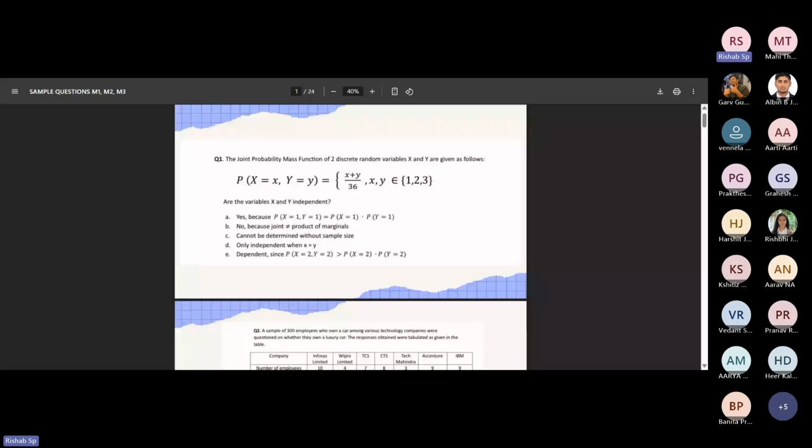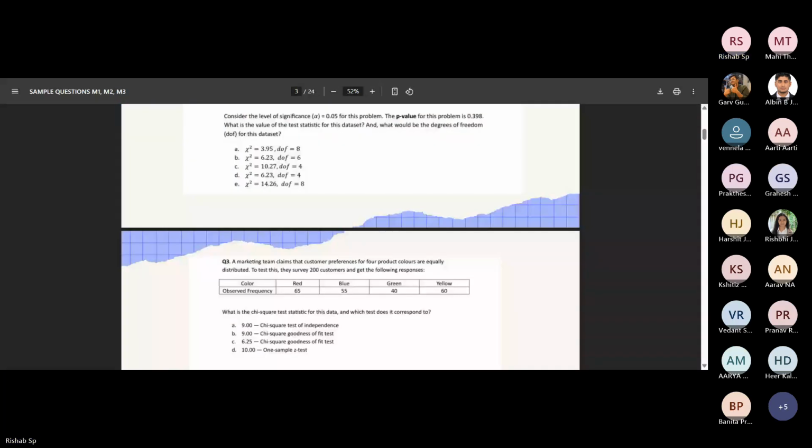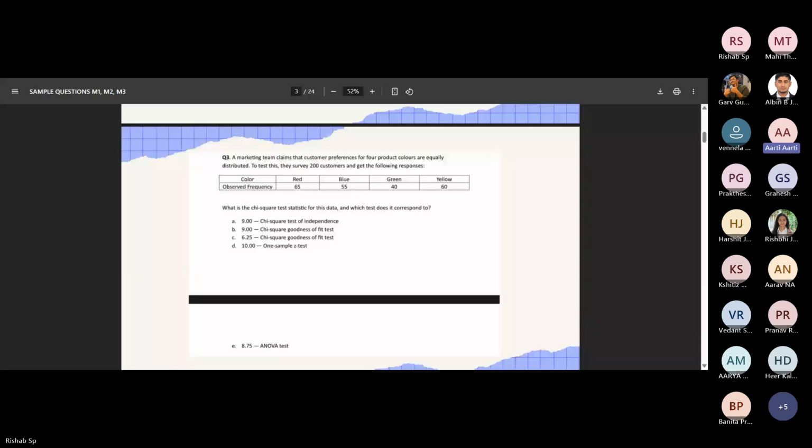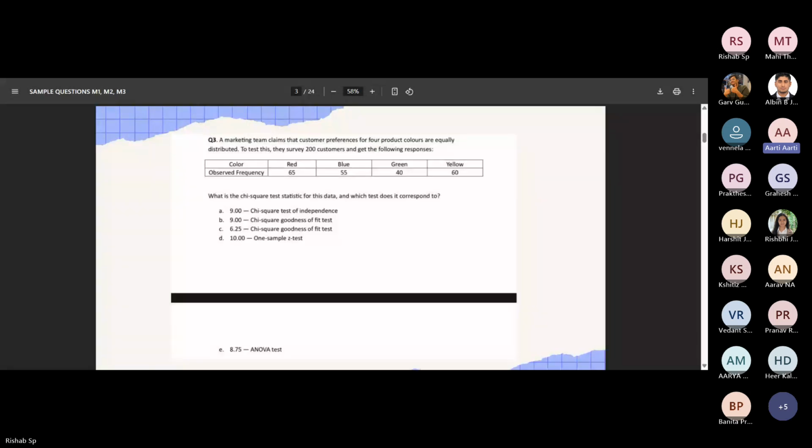This one? The third one, yes. Here we used goodness of fit test because equally distributed was mentioned in the question. That's why we used goodness of fit test and not the chi-square test of independence.